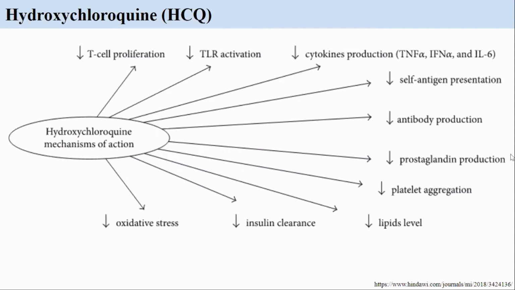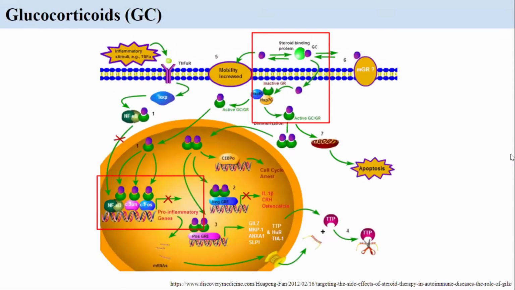The next one is about glucocorticoid, or GC. From the figures, these GCs are usually used in combination with the HCQ drug for a synergistic effect to get a good outcome in treatment. As you can see in the figure, the molecule in violet combines with the steroid binding protein and brings the GC into the cell, and then activates the receptor.